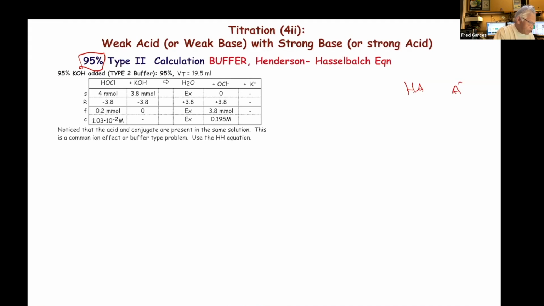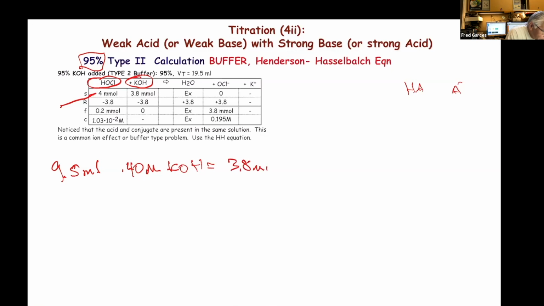So you have to do this. You've got the acid and you know how much base is added. The first part has got to be stoichiometric, because the base is going to dictate how much of the acid reacts. If you've got 4 millimoles and you're adding 9.5 milliliters of 0.40 molar KOH, that comes out to 3.8 millimoles. Do the math, 3.8.